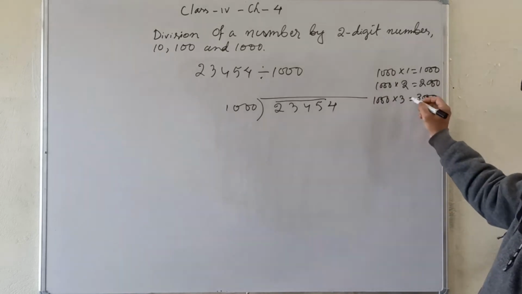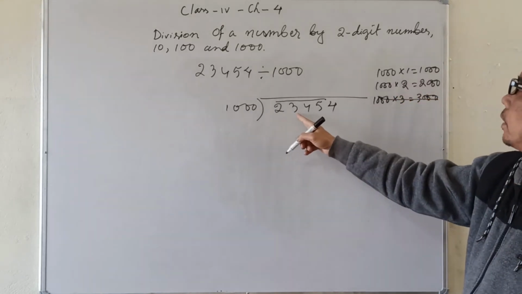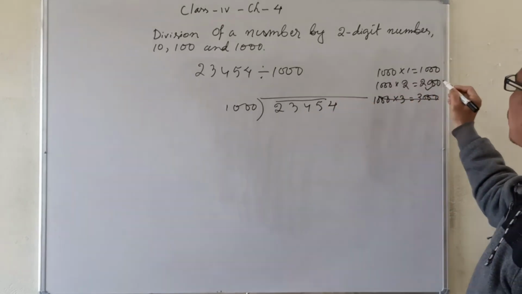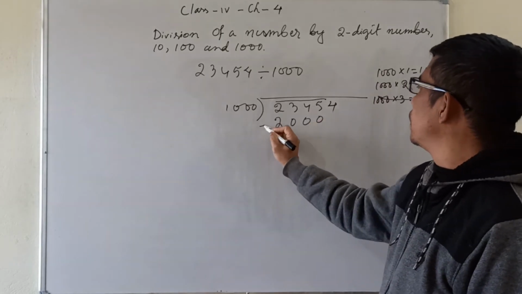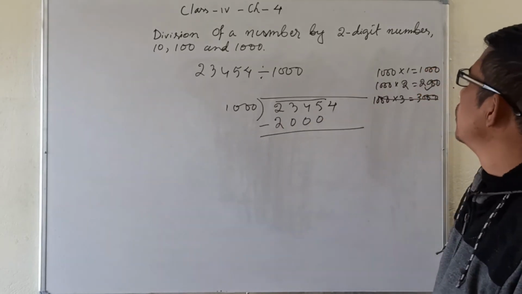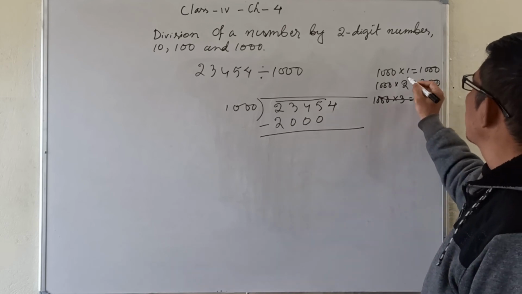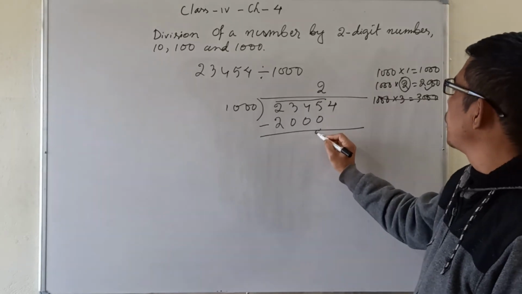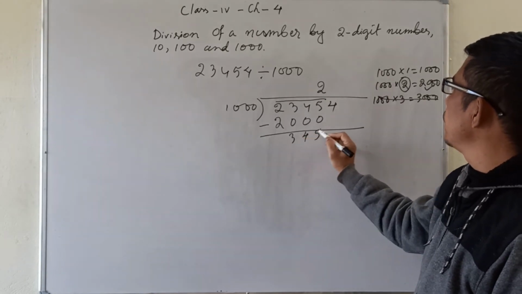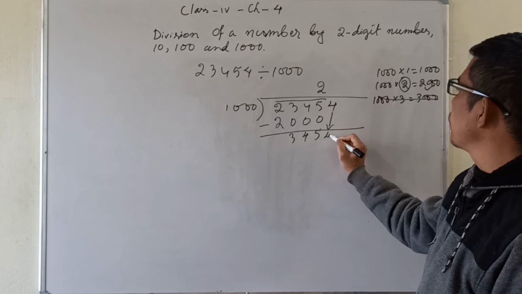As 3000 is bigger than 2345, we have to take 2000. So the quotient 2 will be written. 5, 4, 3, then bring down 4.